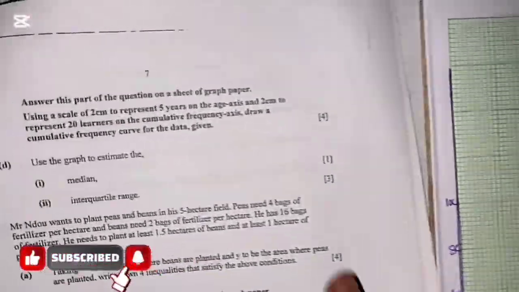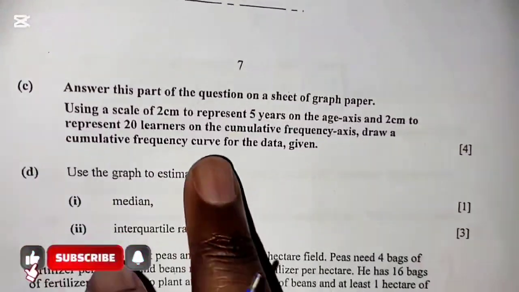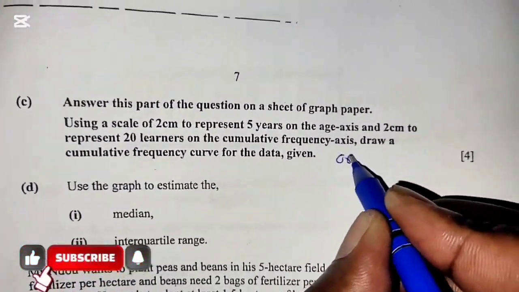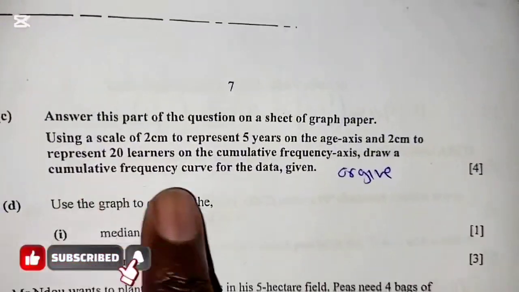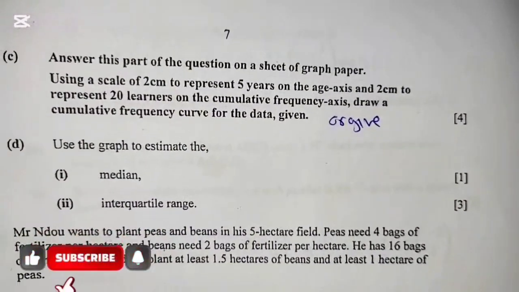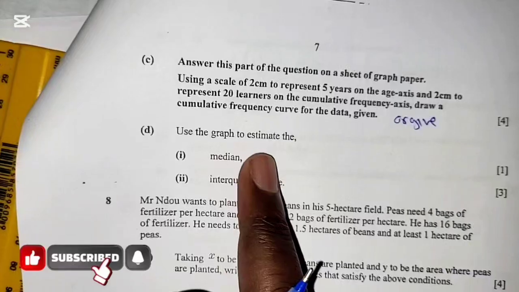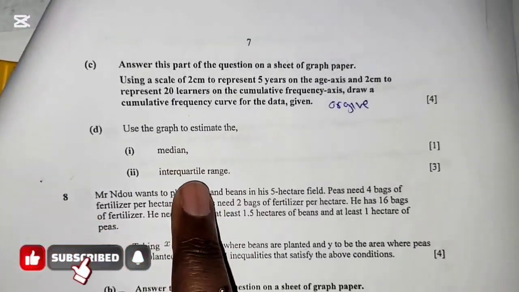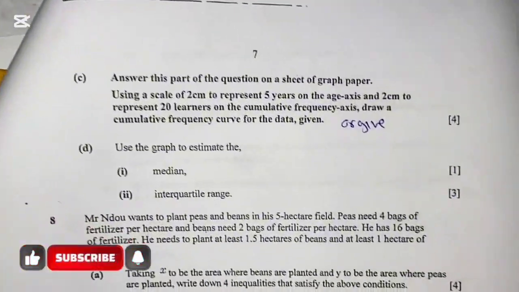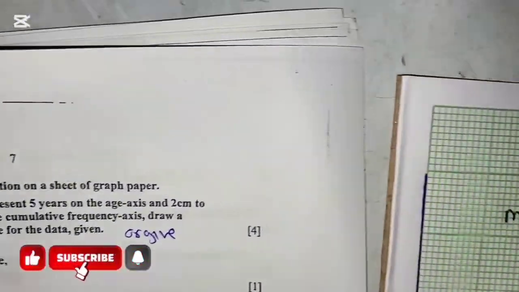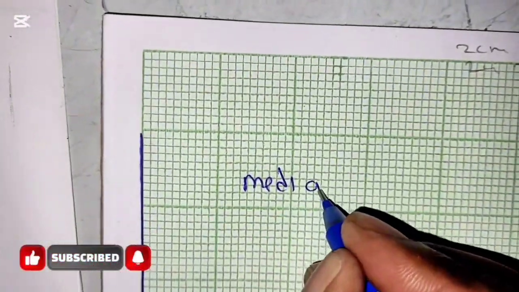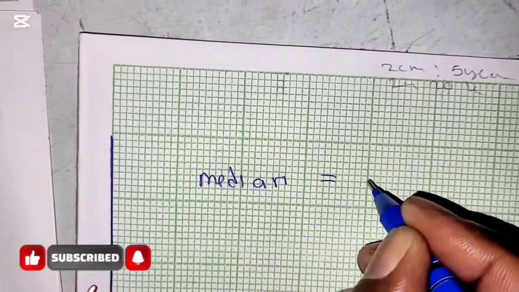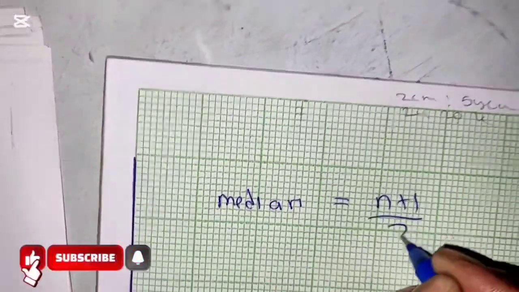So we have drawn the cumulative frequency. They can say draw an ogive. An ogive is the same as a cumulative frequency. Use the graph to estimate the median. The median is equal to n plus 1 divided by 2.